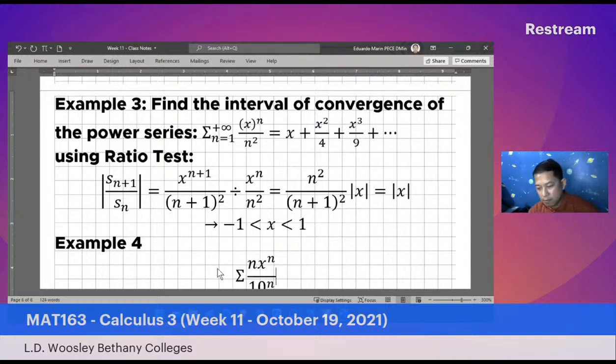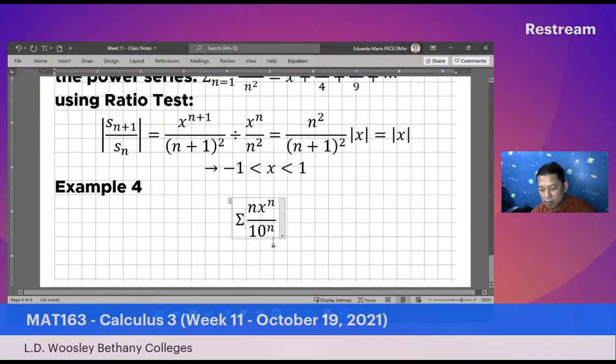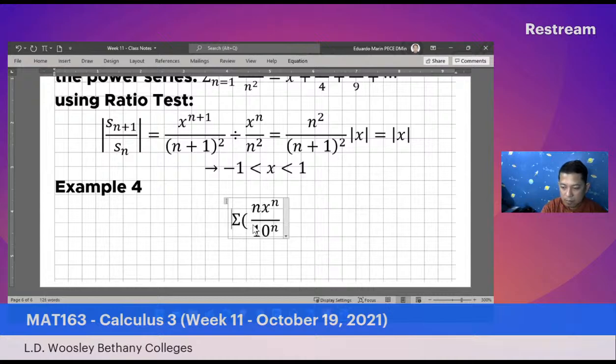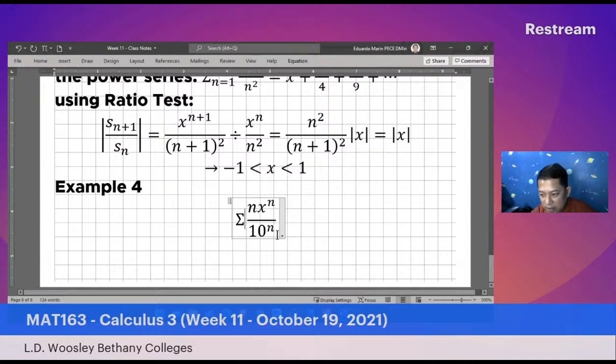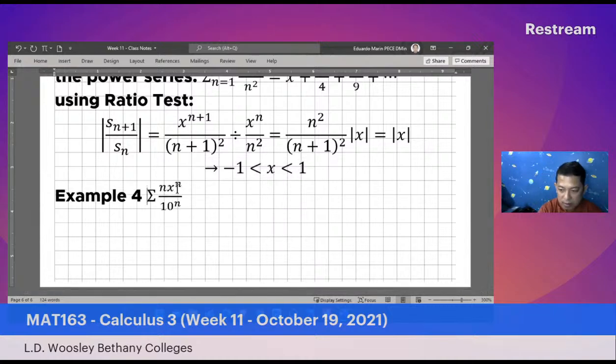Palakin ko nga ito. So we could solve using the ratio test again, no? For this series, we make use of the ratio test.